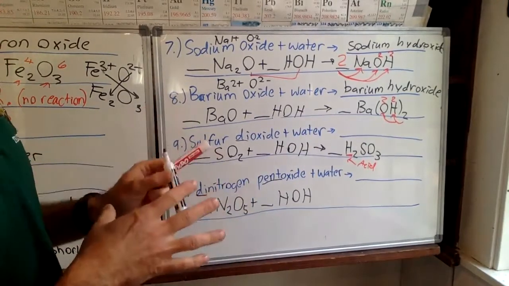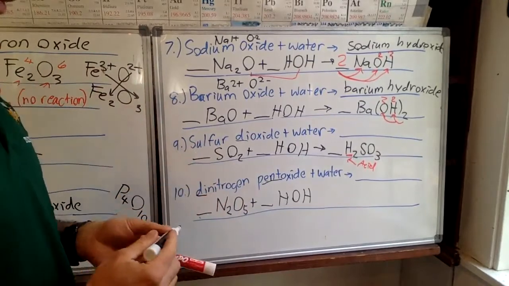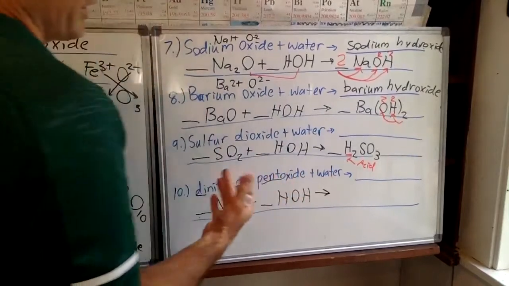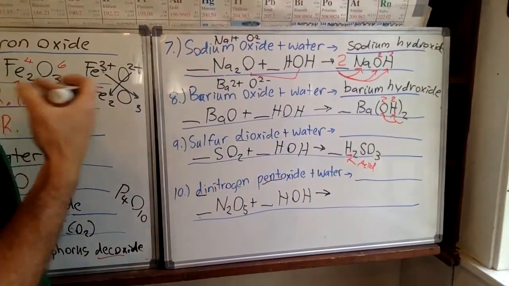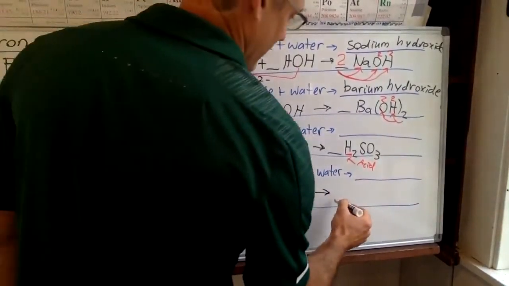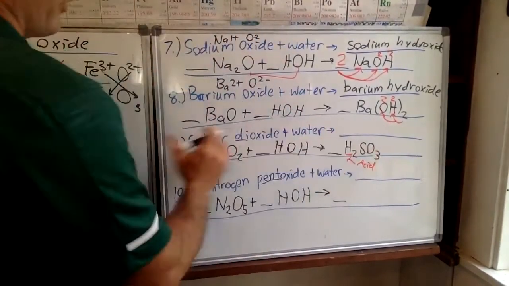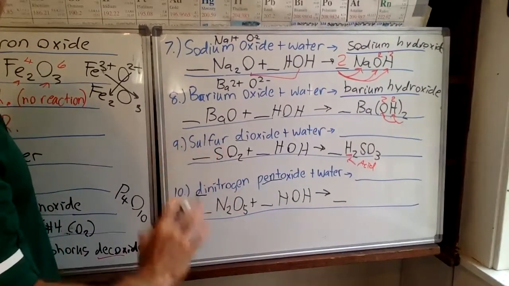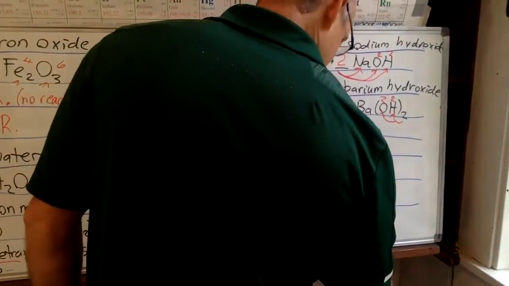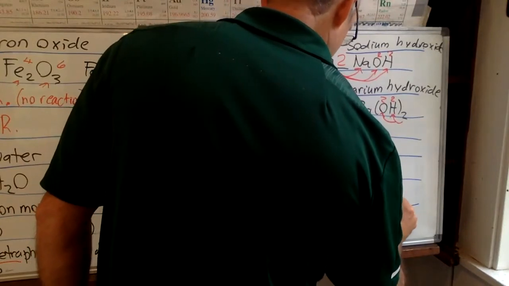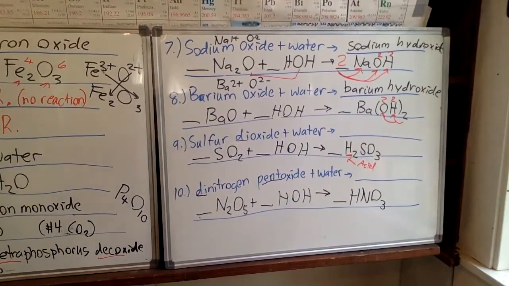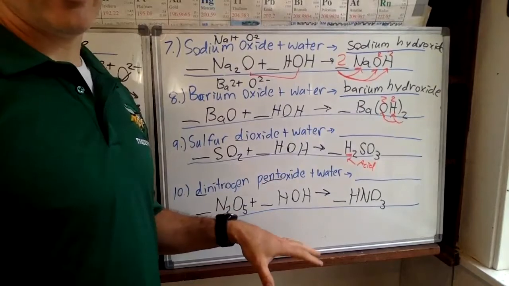Now, that one was kind of simple because it all gets kind of smushed together. But what usually happens is it makes something that you have to balance. This one, excuse me, balanced itself. This one does not. This one makes nitric acid, which is HNO3. You can see that it is not balanced, right?